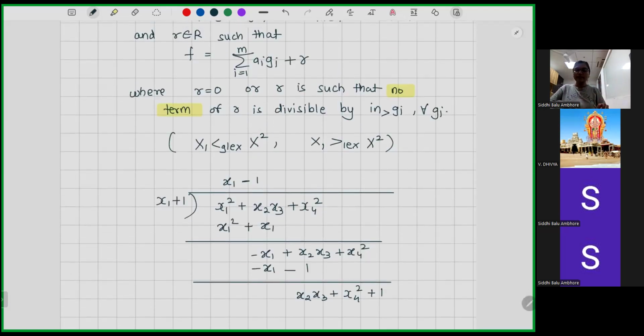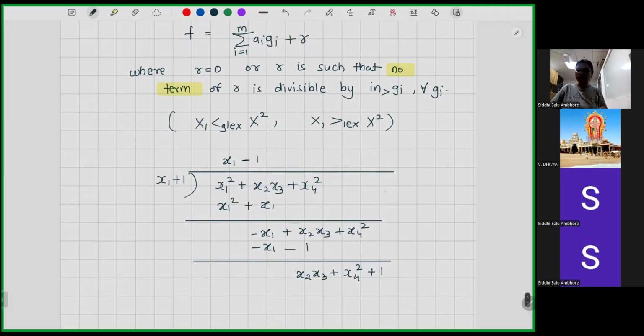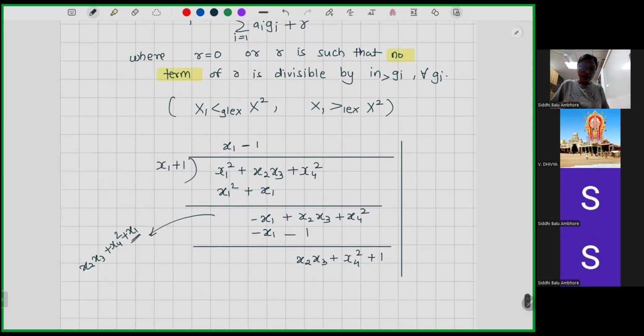So why "no term"? Because if this was graded lexicographic order, then this polynomial can be written as x4 x2 x3 plus x4 square plus x1, right? This will be the smallest term in that case.